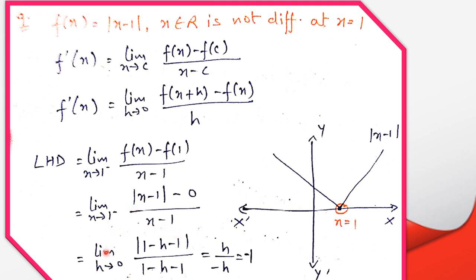Now let's change the limit, h tends to 0. So x is 1 minus h. So 1 minus h minus 1 upon 1 minus h minus 1. So 1 and 1 cancel, mod of minus h is equal to h, and in the denominator minus h. So it is minus 1.